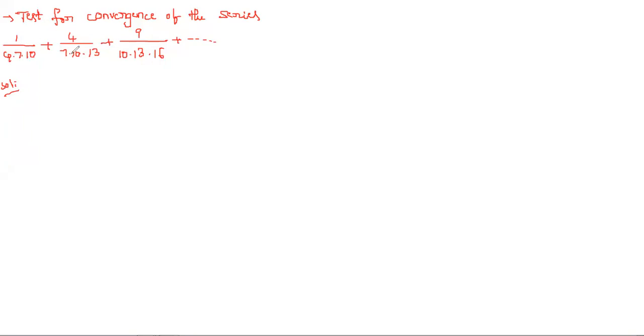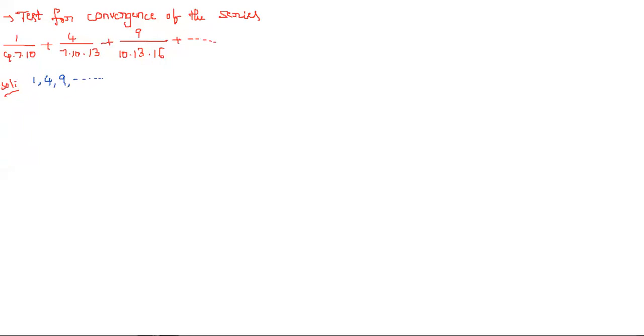So take the numerator terms. What are the numerator terms here? 1, 4, 9, and so on. Is the difference common to all? 4 minus 1 is 3 and 9 minus 4 is 5. Is the difference the same?